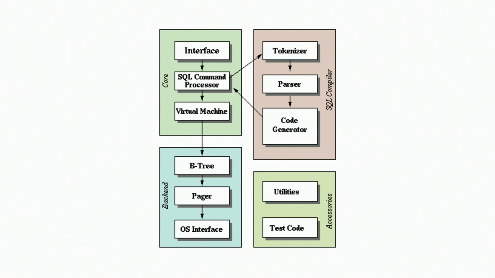Then the bytecode program created is run by a virtual machine on a structure called a B tree, for people who love CS stuff. This is how SQLite implements its storage on disk. And like I said, all the B trees are stored in the same disk file. It is a single file database.